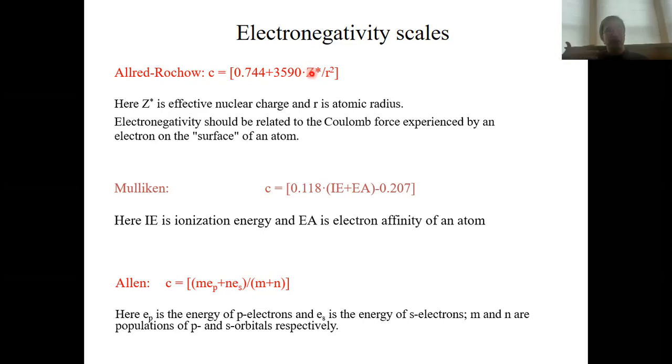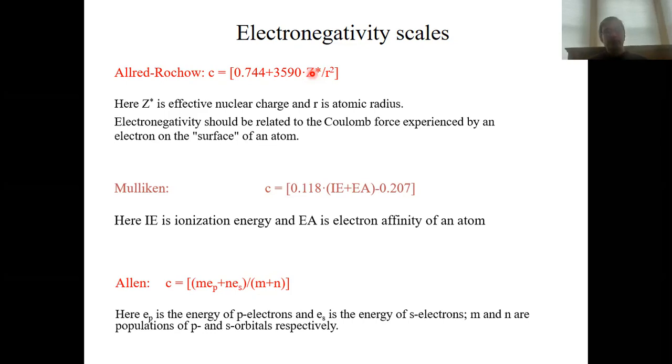In fact, previously we explained orbital energies using the concept of the effective nuclear charge. So you see that all these different electronegativity scales give you similar results, and they just look at the same issue from a somewhat different perspective.